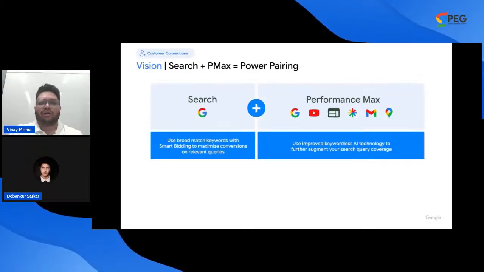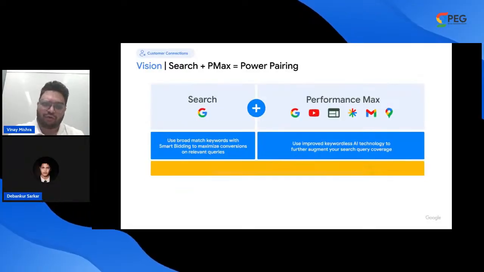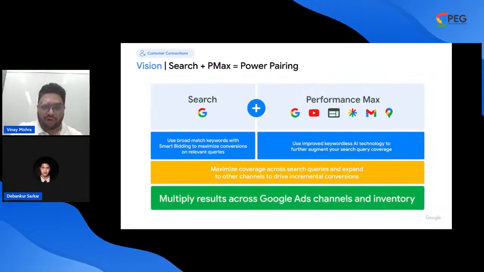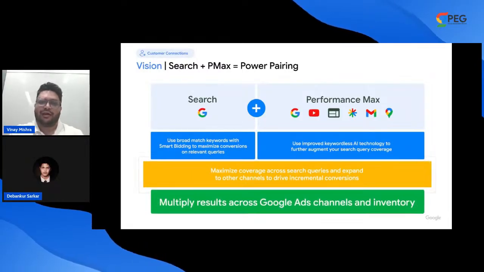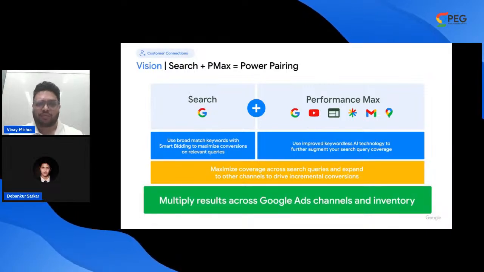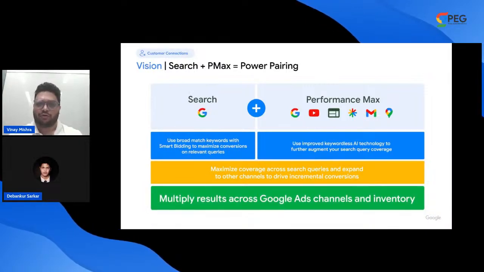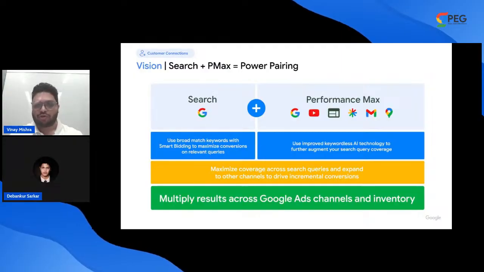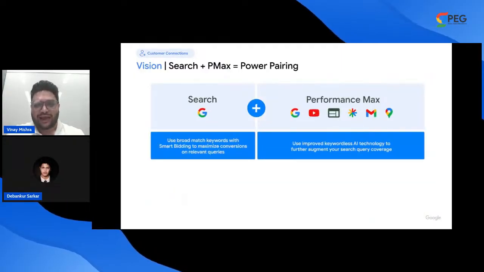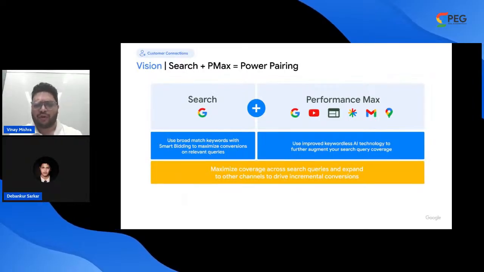Here, you are carefully selecting relevant keywords to match user search queries. Performance Max campaigns, on the other hand, leverage advanced AI technology to automatically optimize your ads across multiple Google channels, including Search, YouTube, Discover, Gmail, and Maps. This means your ads can appear in various formats such as text, images, videos, and more.